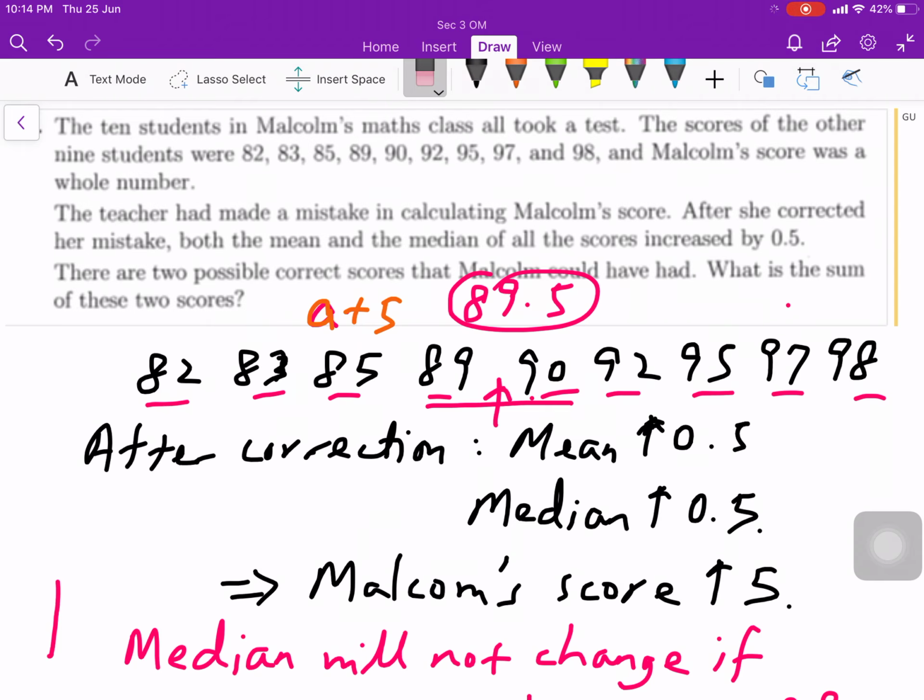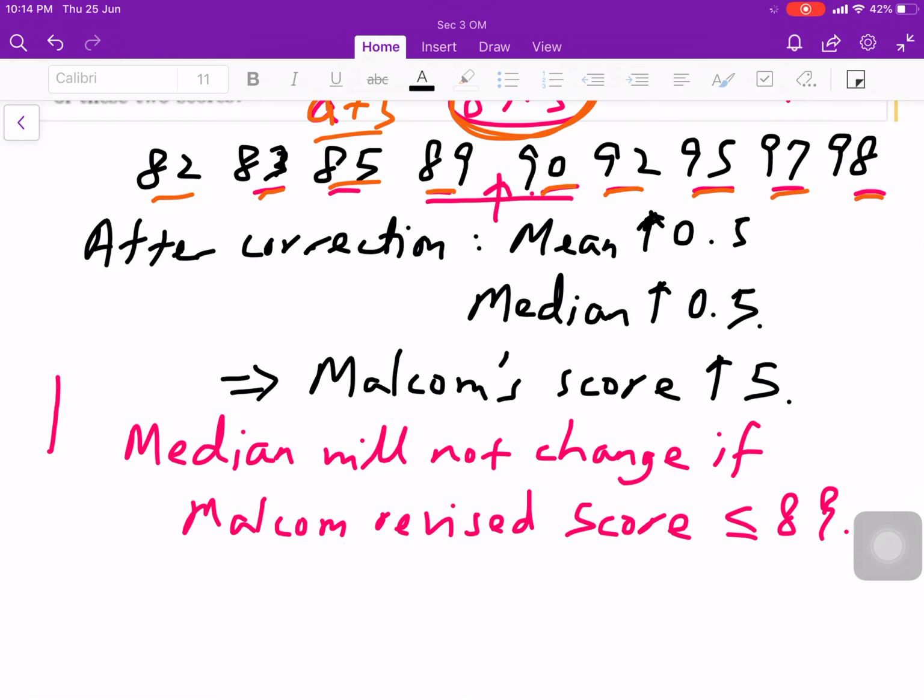So you still have 5 scores here, and on the right-hand side you still have 5 scores. Therefore, the median remains as 89.5. I think this is an important observation.